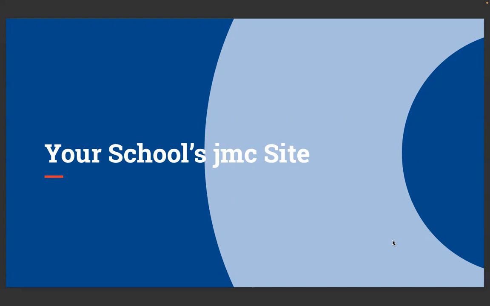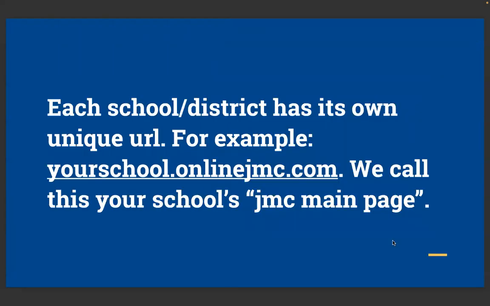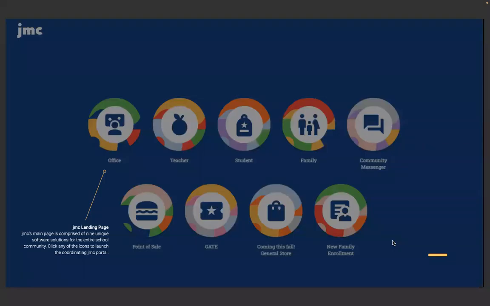So starting out with your school's JMC site, each school district has its own unique URL. For example, yourschool.onlinejmc.com. We call this your school's JMC main page. That page is going to take you to a landing page with some poker chips on it.